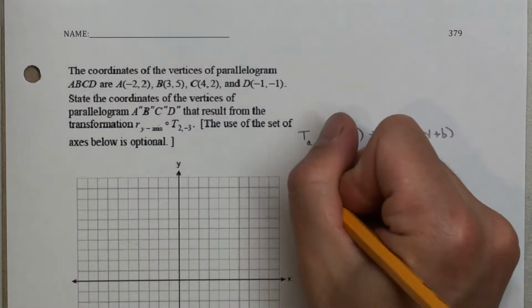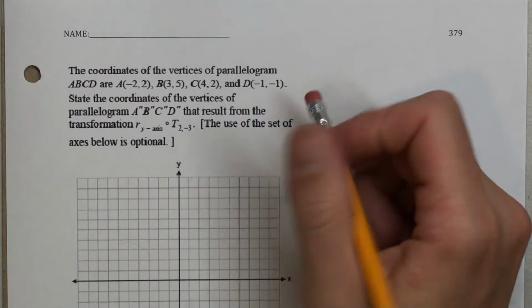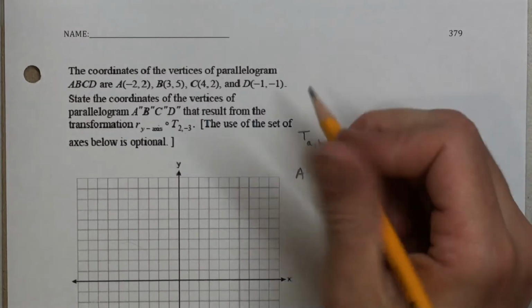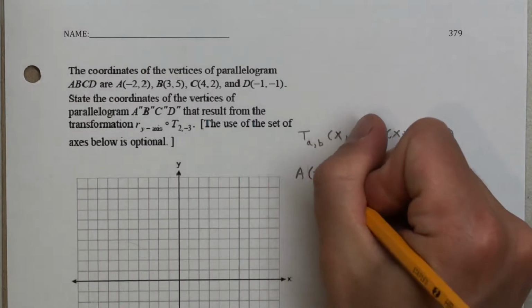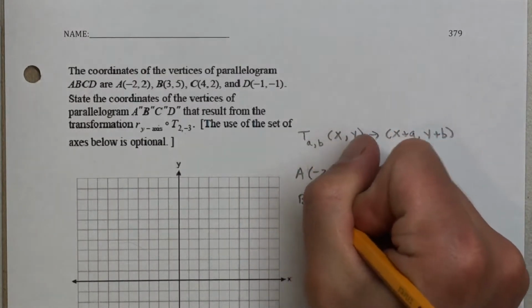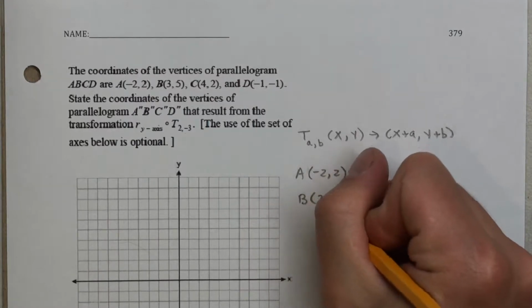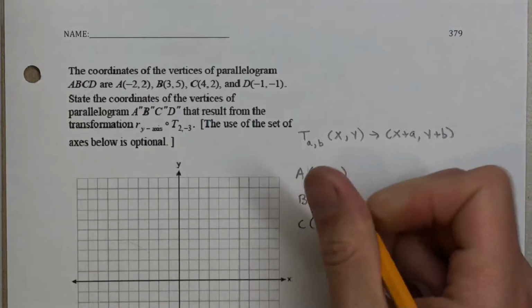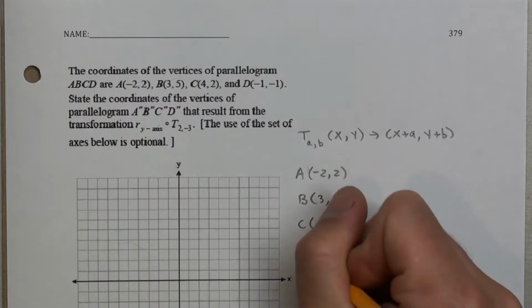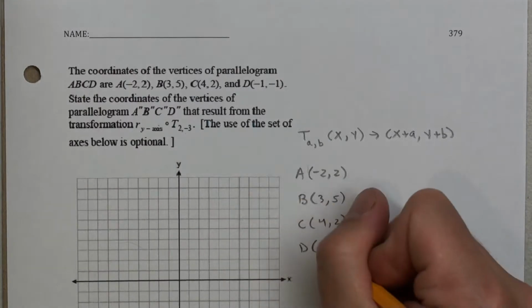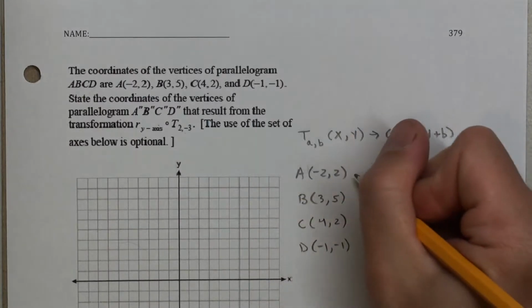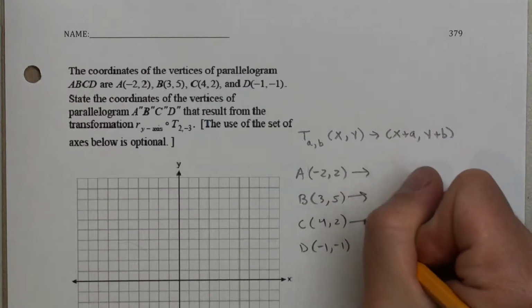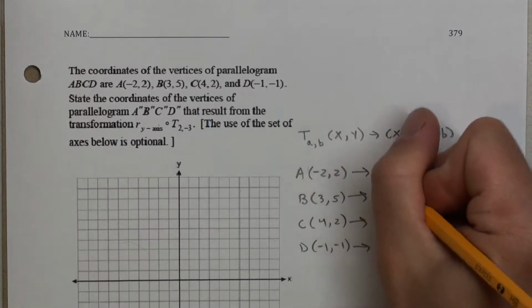So if we take, not A prime, we're not there yet, A is (-2, 2). B is (3, 5). C is (4, 2). And D is (-1, -1). And first we do this to it.